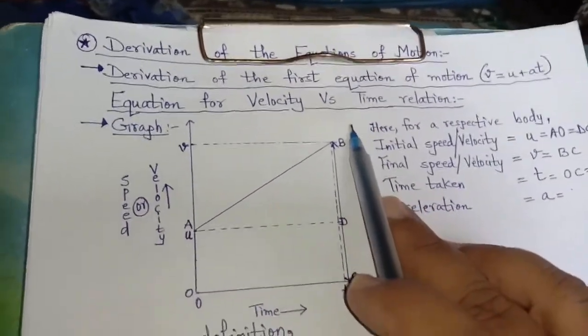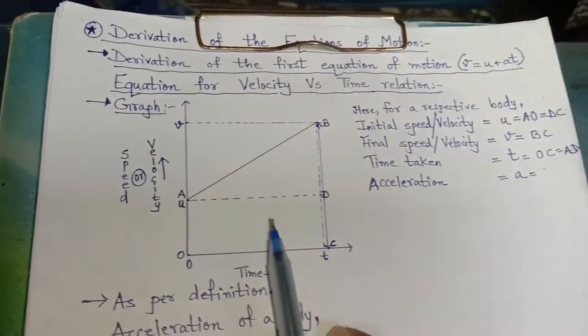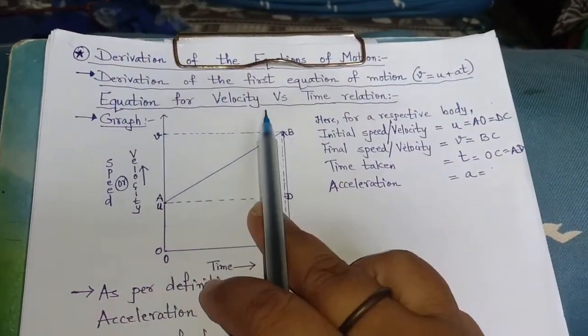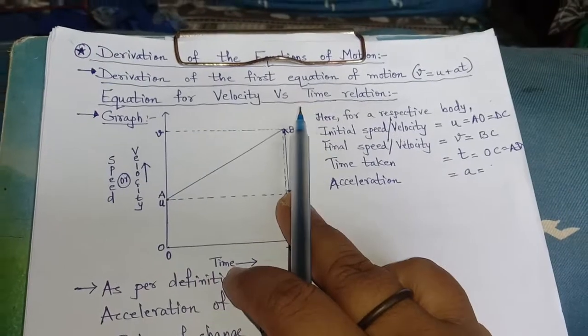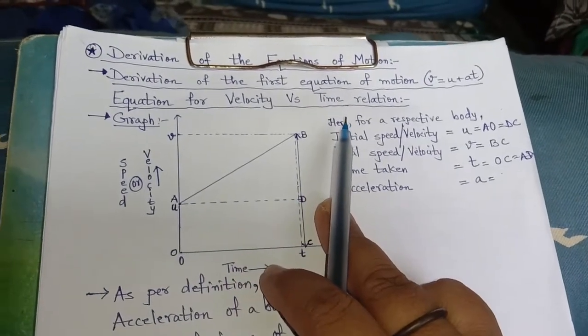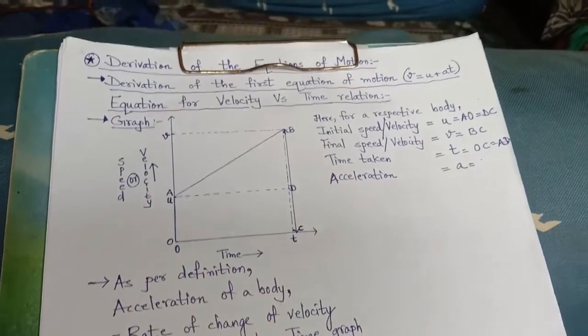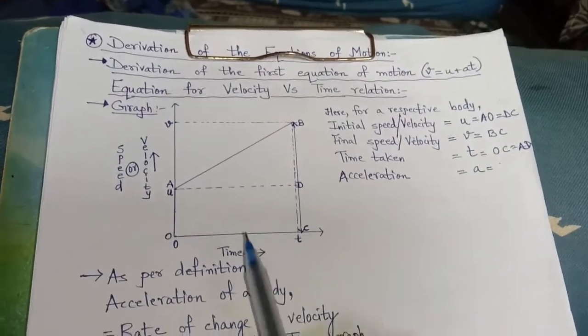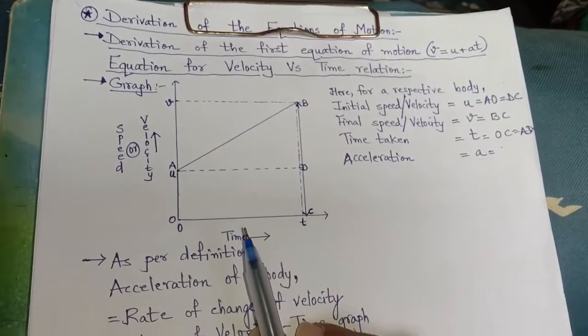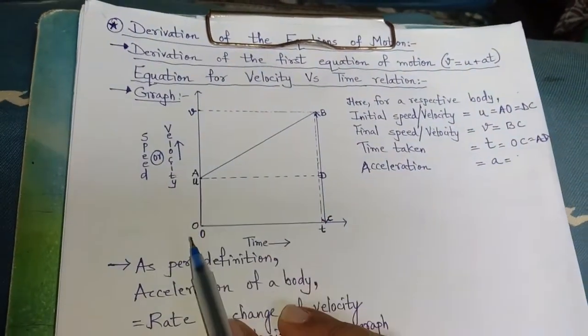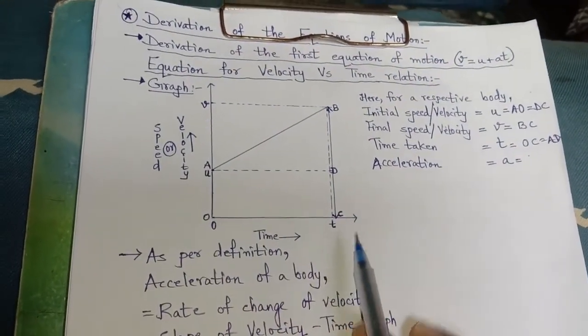For this first equation, we will need the graph which is the velocity versus time relation in the uniform direction. Now here let us consider, this is the graph of velocity versus time.